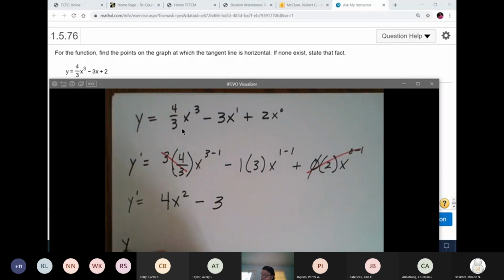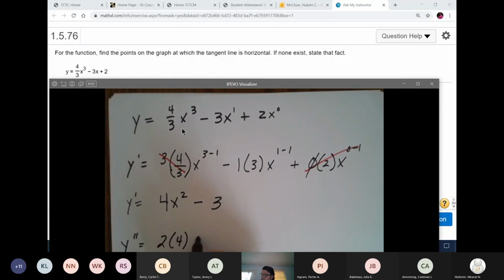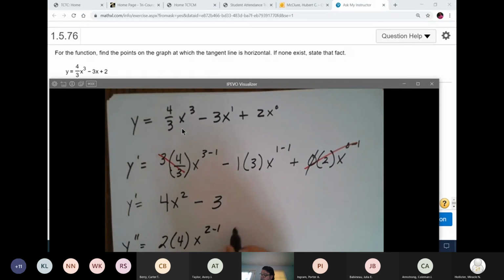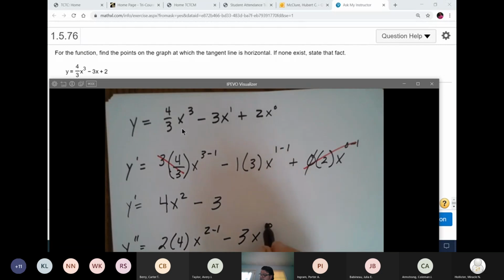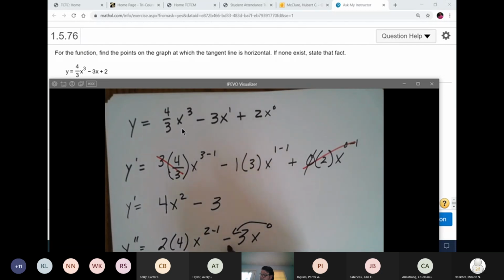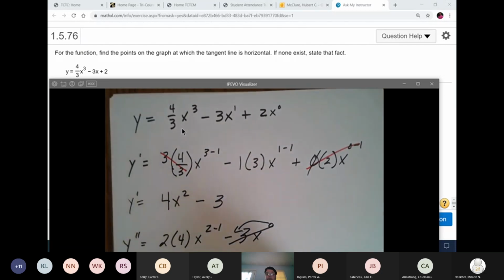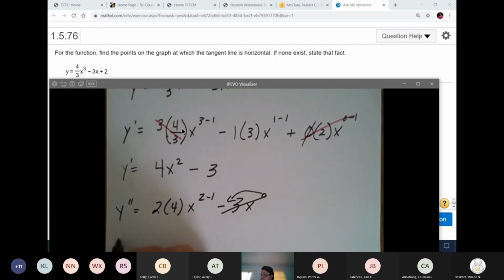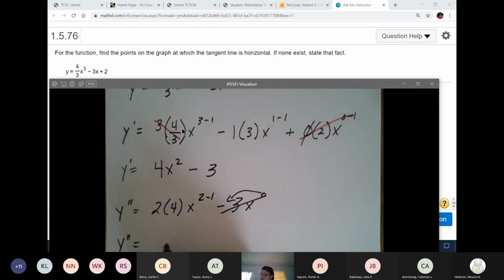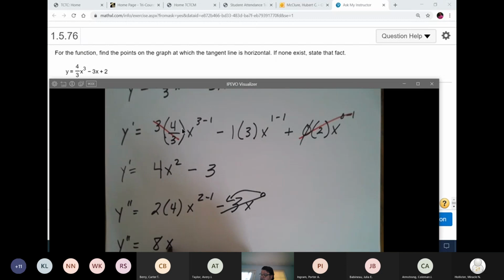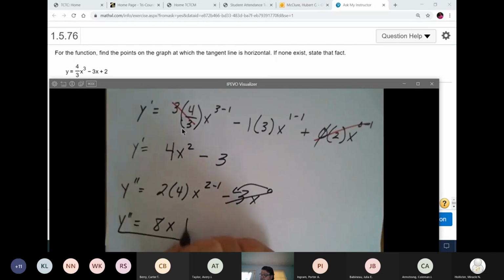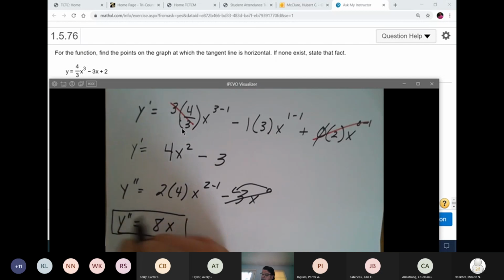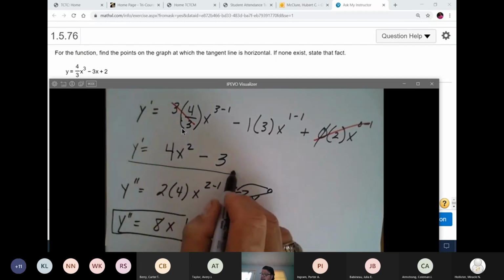Your second derivative would be 2 times 4x to the 2 minus 1 minus 3x to the 0. That 0 comes out front and cancels the whole thing out. So y double prime is equal to 8x, and that's to the first power. So that's your second derivative. And this is your first derivative.